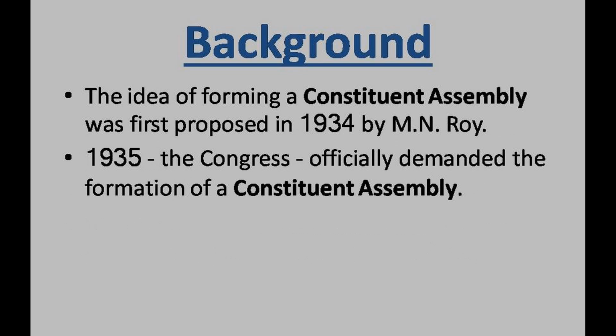The idea of forming a constituent assembly was first proposed in 1934 by Manvendranath Roy. In 1935, the Indian National Congress for the first time officially demanded the formation of a constituent assembly.